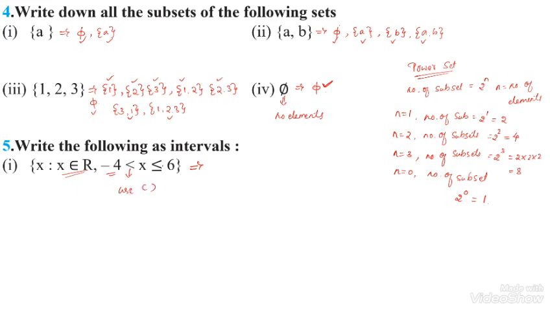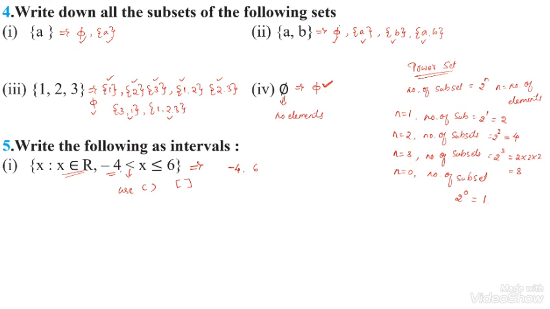If a less than or equal to or greater than or equal to symbol is there, we have to use closed intervals. Now here first I write the boundary points, that is minus 4 and 6. These two numbers represent the end points.